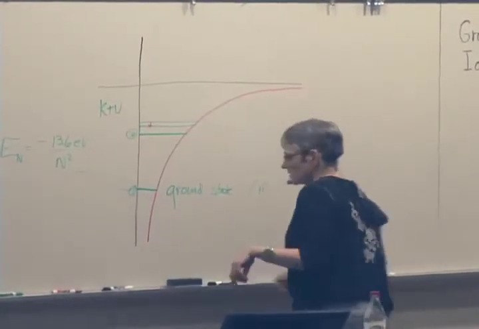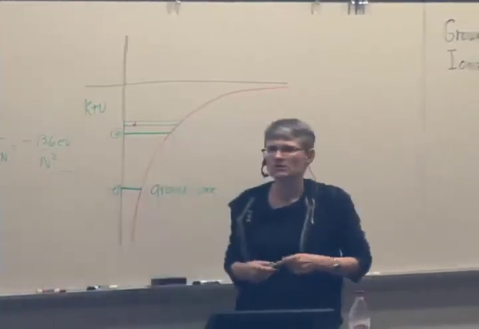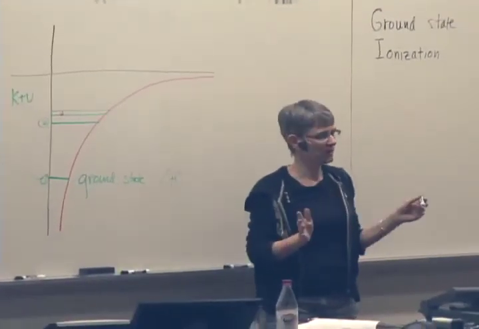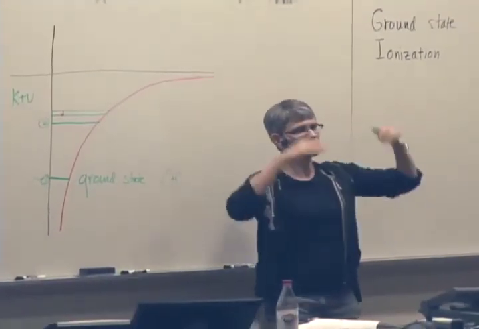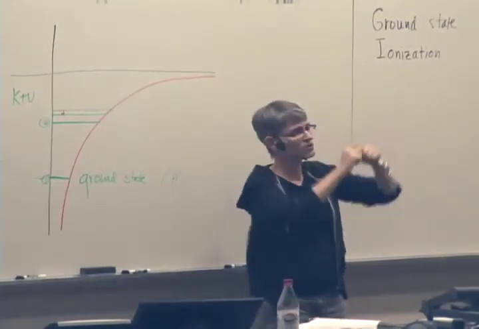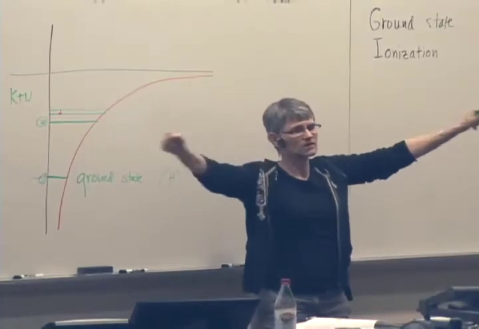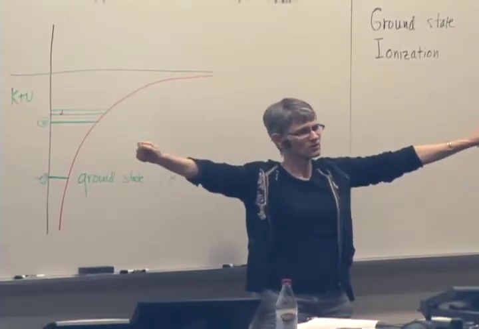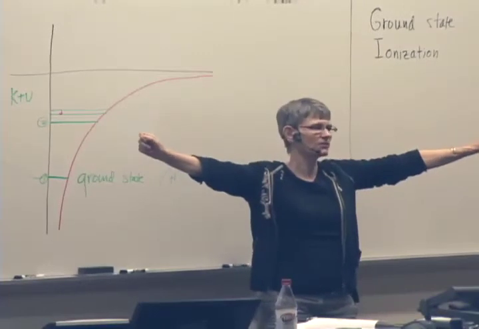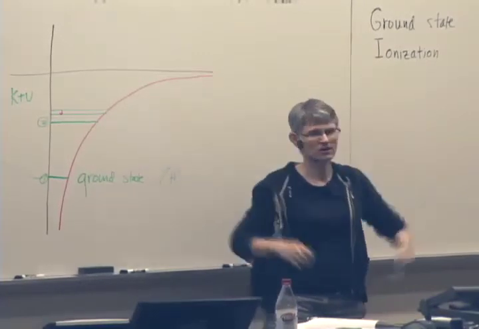Remember that if K plus U is negative, then the system is bound. But if the sum of kinetic and, in this case, electric potential energy gets to be 0, that means that enough energy has been put into the system that these two objects could be extremely far away from each other with 0 kinetic energy.